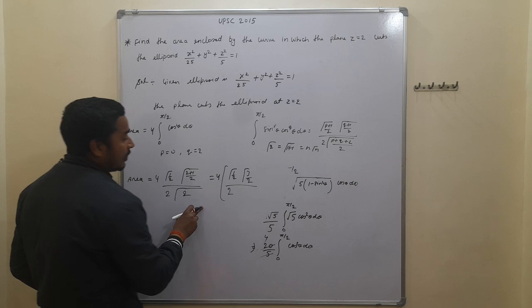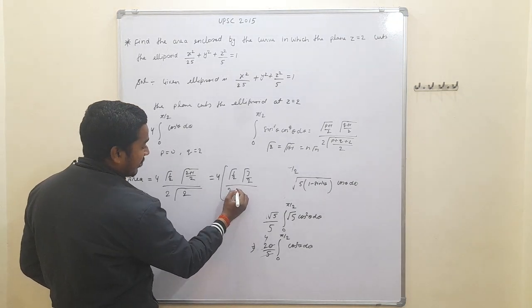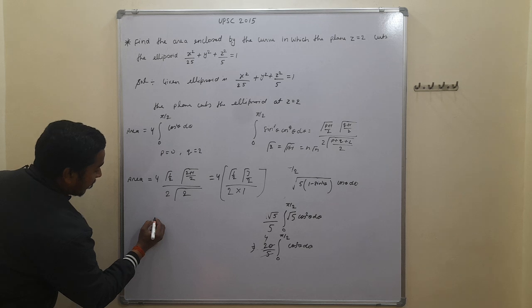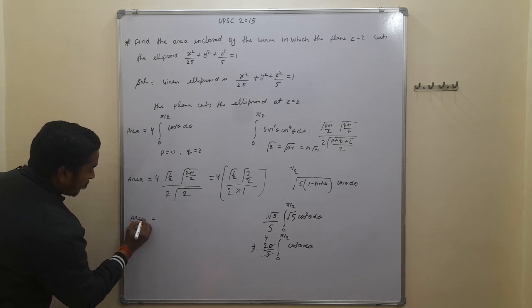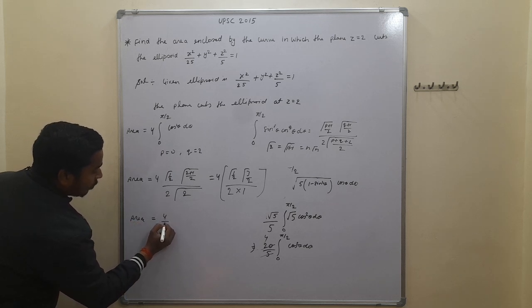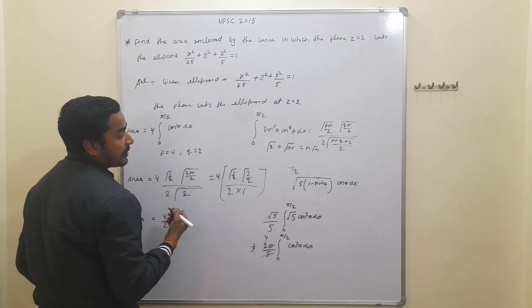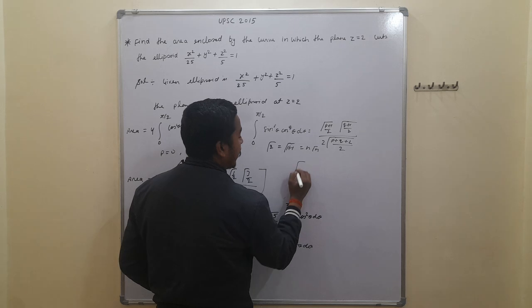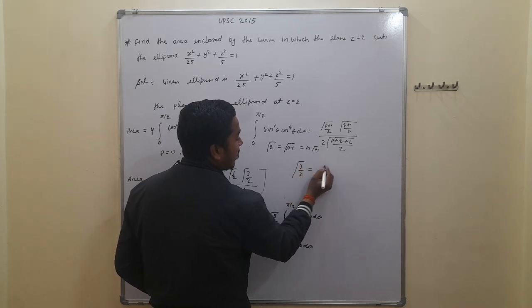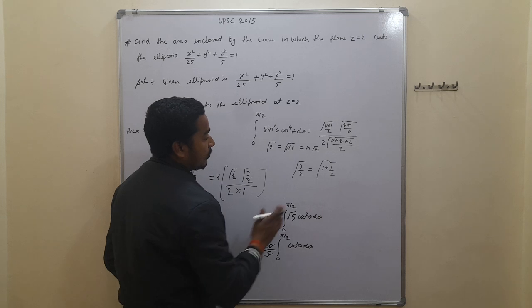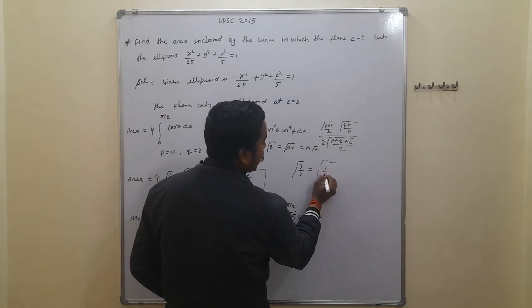The gamma 2 value is 1, so we write 1 here. From here we can write 4 upon 2, gamma of 1 by 2, and gamma 3 by 2 is written as gamma of 1 by 2 plus 1.